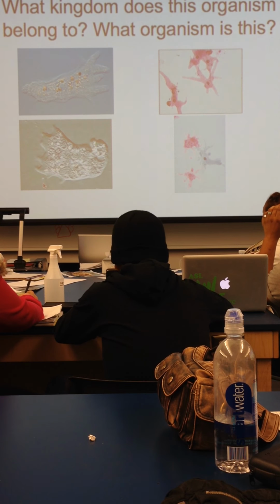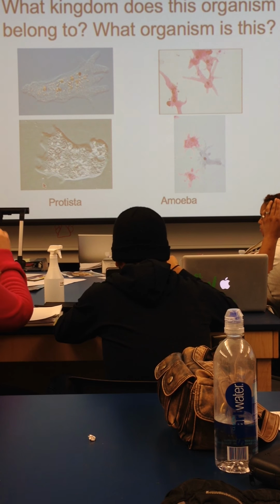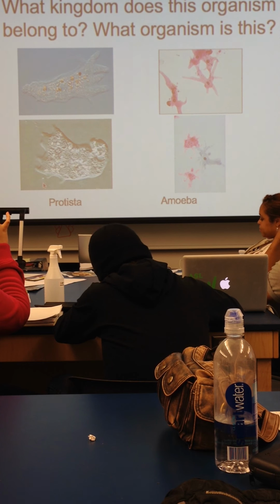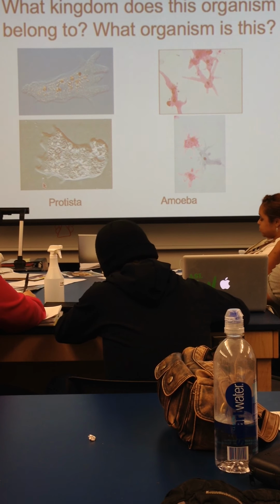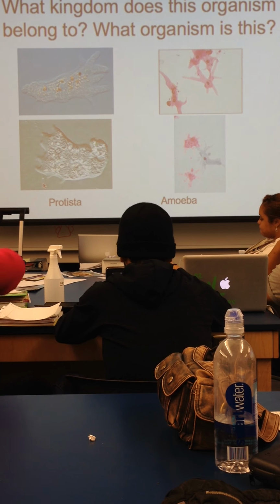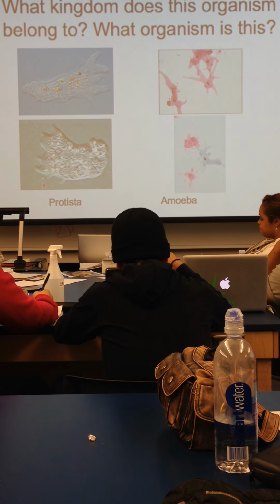What organism is this? What kingdom does it belong to? Yeah, it's a protist, and it's amoeba. Okay, so this is one of your animal-like protists. If you were lucky, you found a living amoeba, which are these guys here. Remember, they were transparent. They don't have a distinctive shape. They're kind of blob-like. All right?